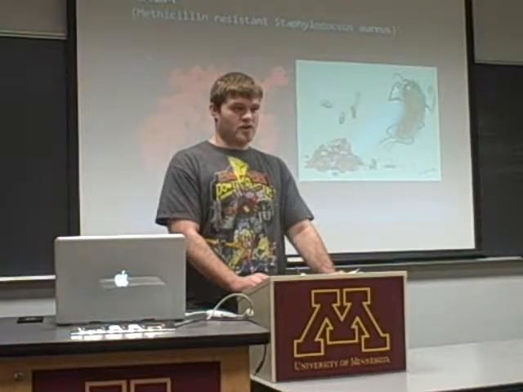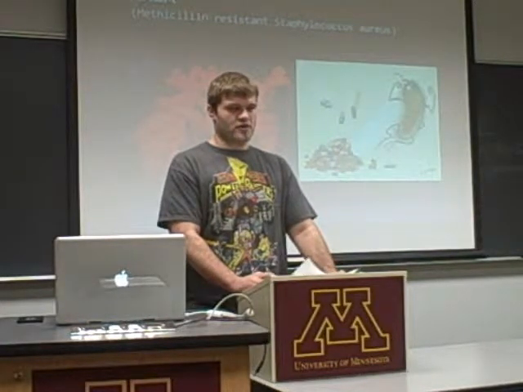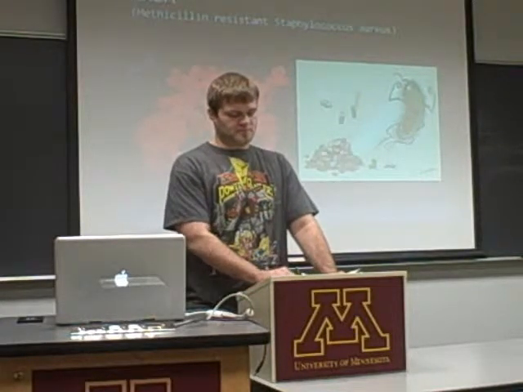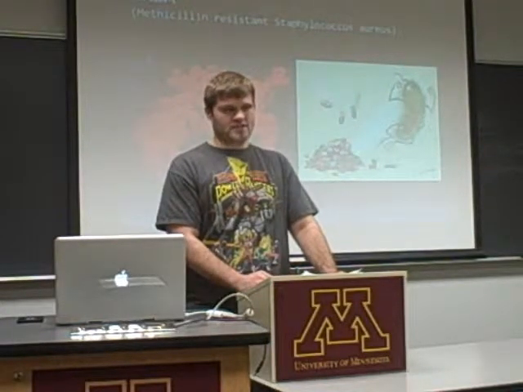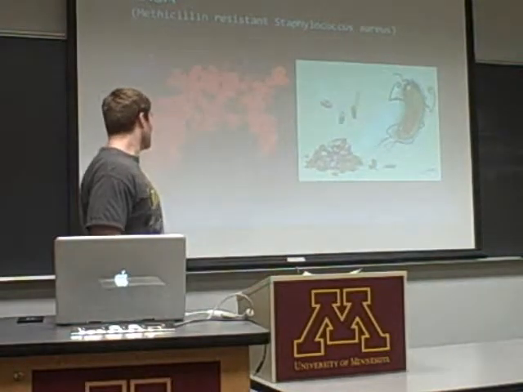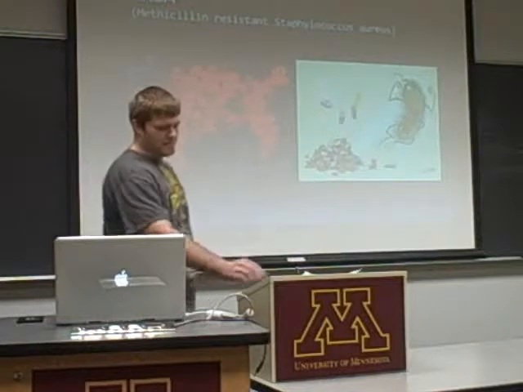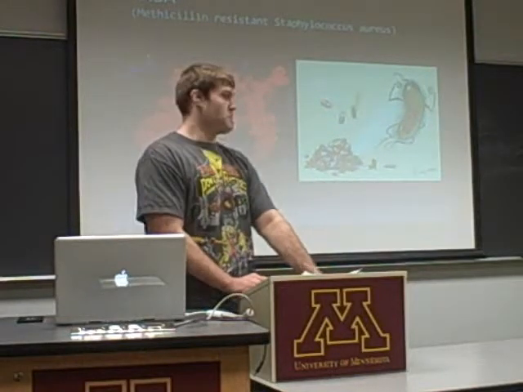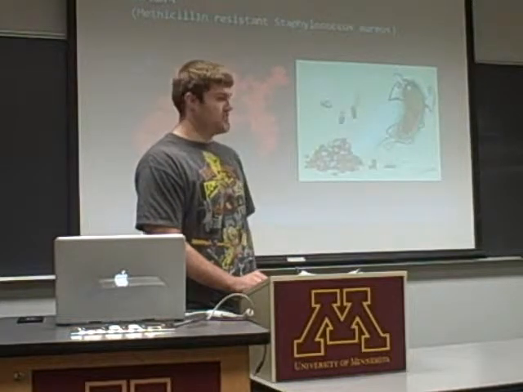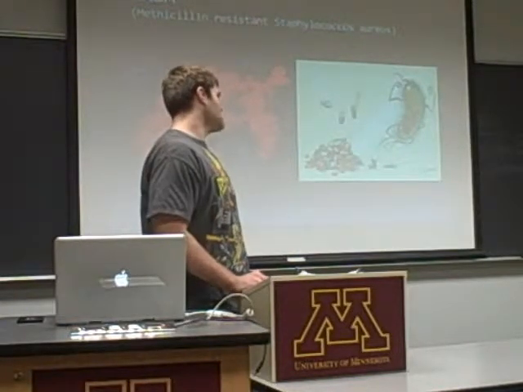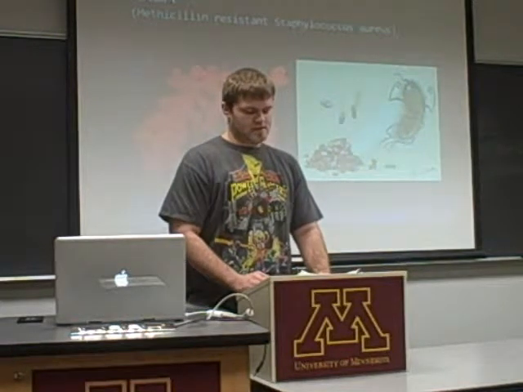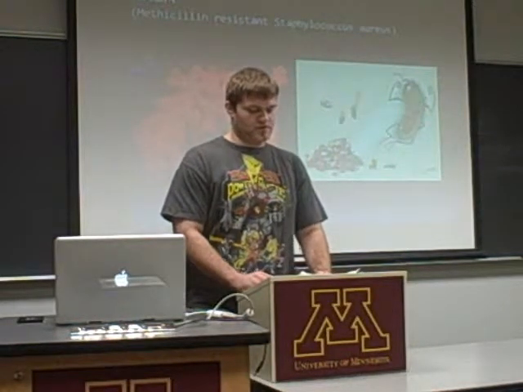And according to the Mayo Clinic, about 1,000 deaths per year happen because of MRSA due to hospital infections. And basically how MRSA works is, the cell wall protects it, and the antibiotic breaks down that cell wall, and this bacteria has a gene that changes the cell wall so the antibiotic doesn't break it down. It allows it to survive and reproduce.